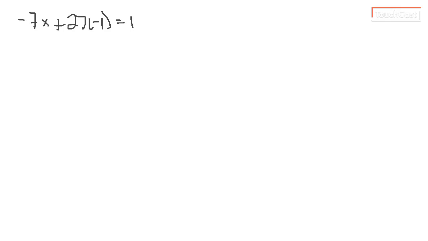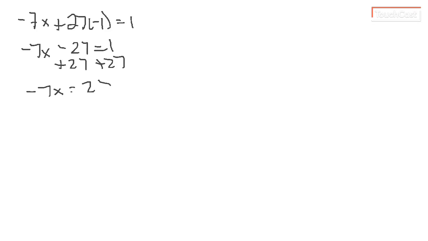So we can clean that up. Negative 7x minus 27 equals 1. If we add 27, we're going to get negative 7x equals 28. We can then divide by negative 7 and get x equals negative 4.